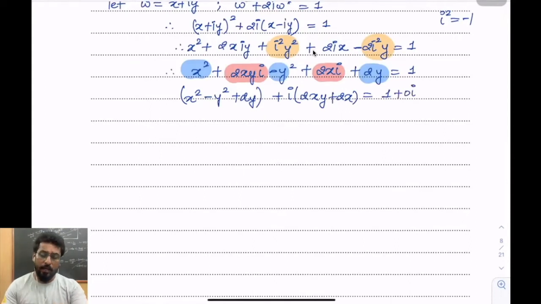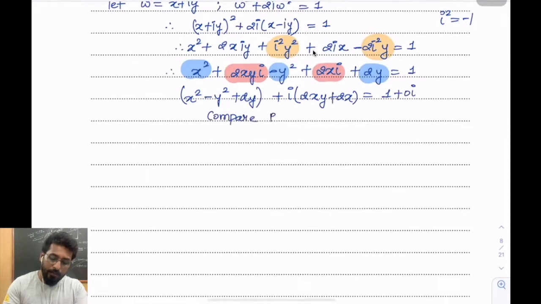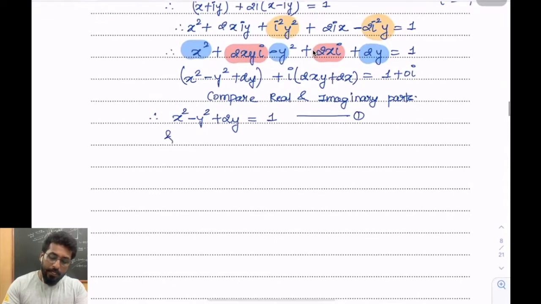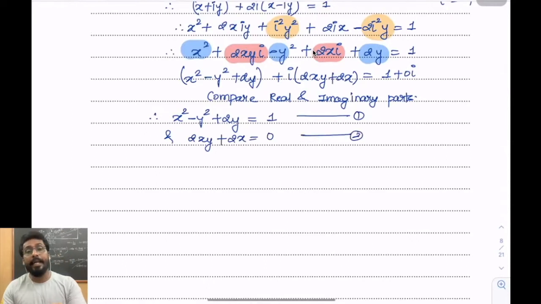So you just want to compare real and imaginary parts. I get x square minus y square plus 2y as 1. That's my first equation. And 2xy plus 2x as 0. That's my second equation, right?